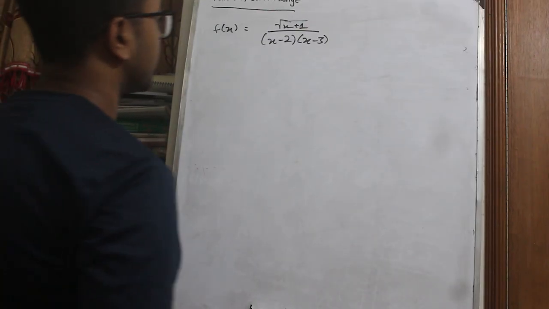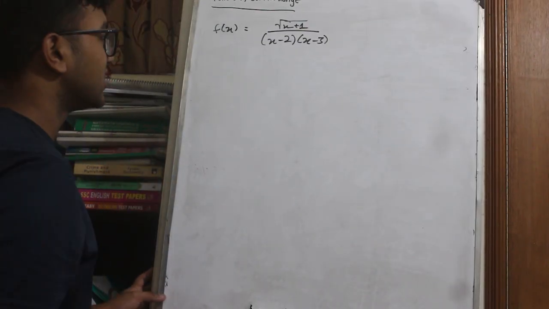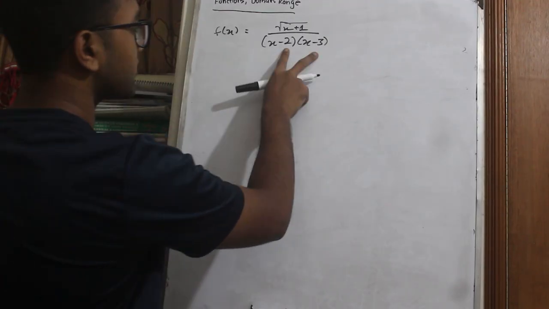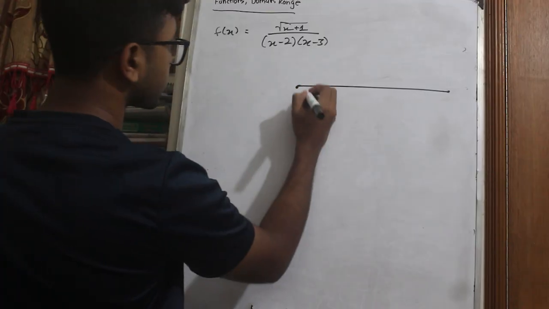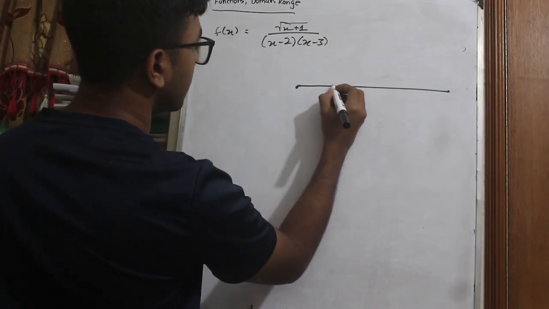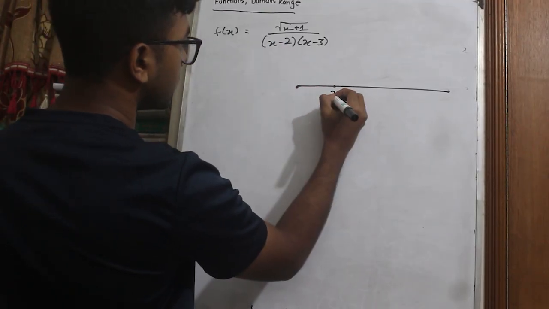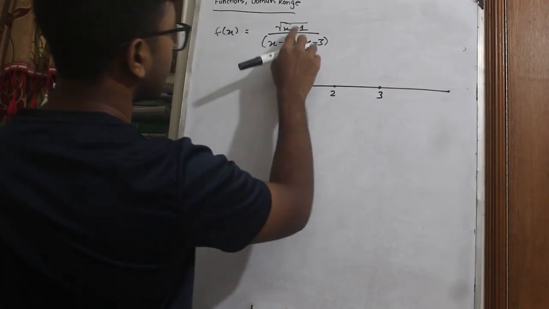Well, surprisingly, it's not that much different. We just factor all of this. We just put it on the number line, and this is 2, this is 3, and this is minus 1.